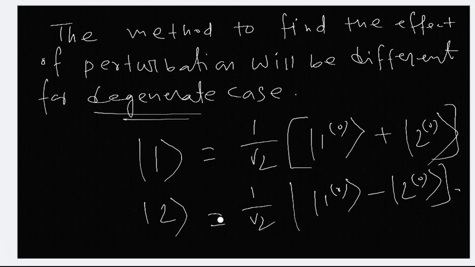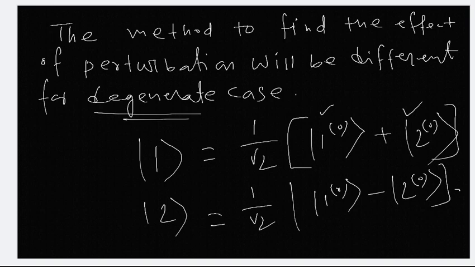And the hint is, if you want to break the degeneracy, then you have to make changes in the basis. Previously, you wrote the whole system in the basis of the unperturbed spectrum. Due to perturbation, the basis will be changed, and the linear combination of the initial basis will yield the perturbed basis.